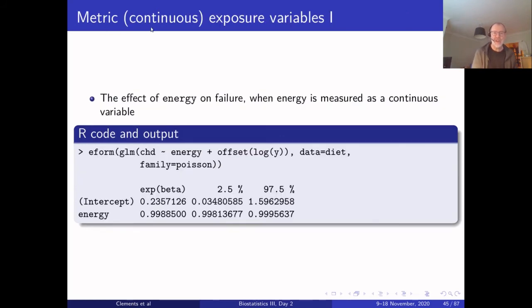If we've got a continuous exposure like energy, we can ask how coronary heart disease incidence rates vary by unit change in energy. When we fit this model, we get a number which is very, very close to 1, because the units for energy are quite small.